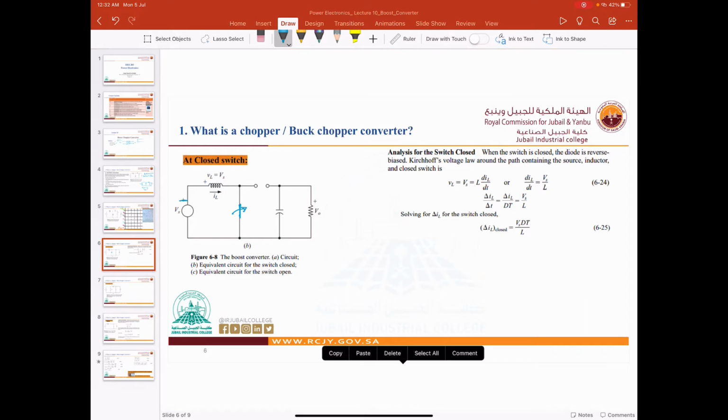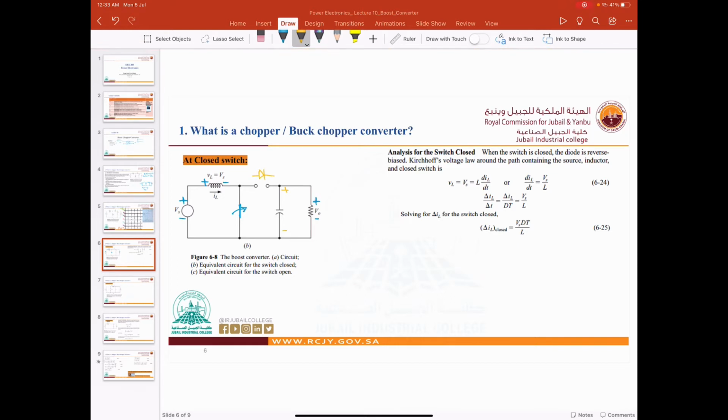This is our convention, positive, negative, and we have here positive, negative, right? Now this positive and negative here, شباب, will be the same as the capacitor, because they are in parallel, right? So we will have positive here and negative here. You remember the diode is like this.